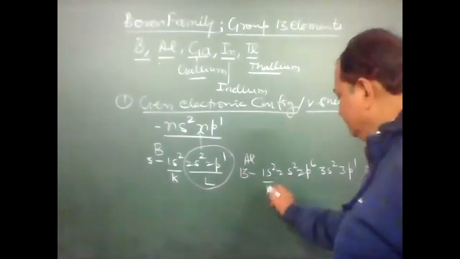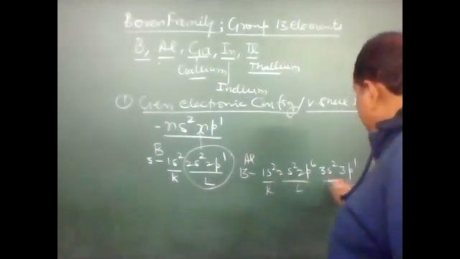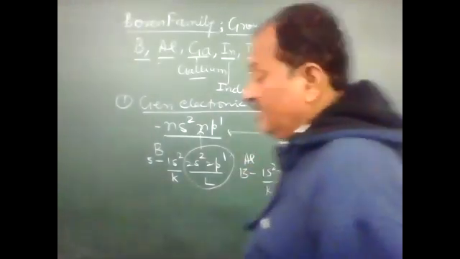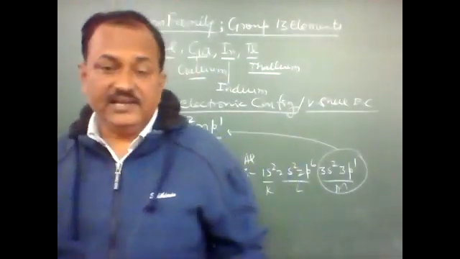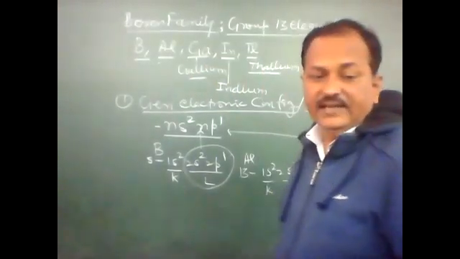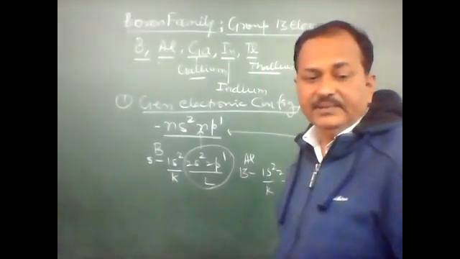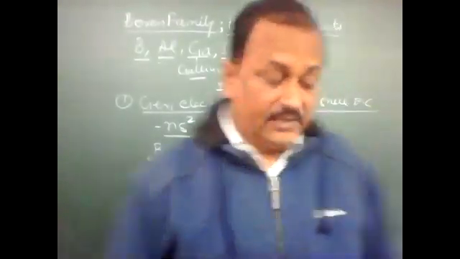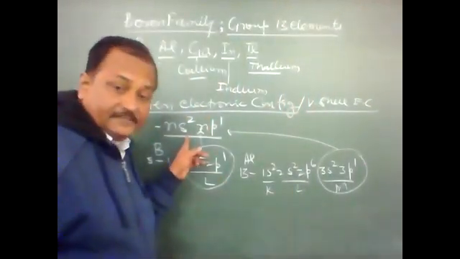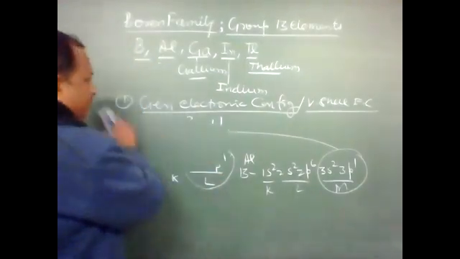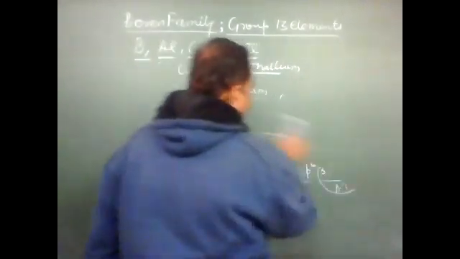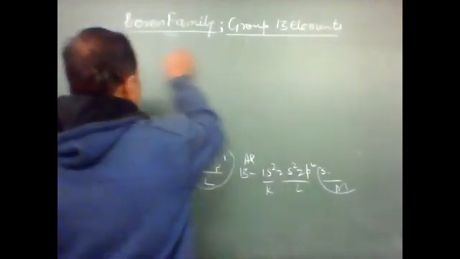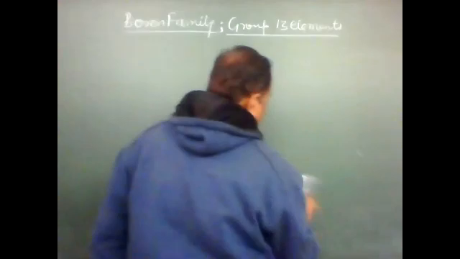This is K, this is L, this is M. So we say it has the electronic configuration ns2 np1, meaning 3 electrons are present in the outermost shell, the valence shell.